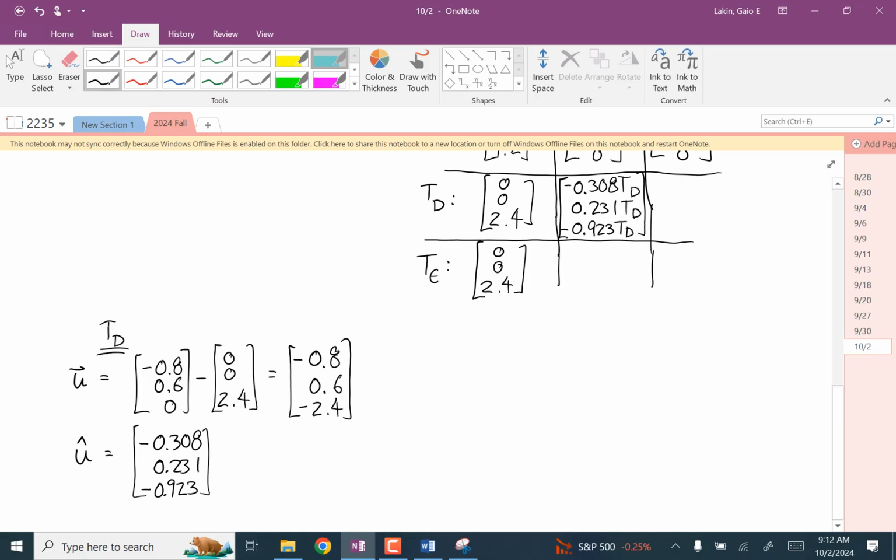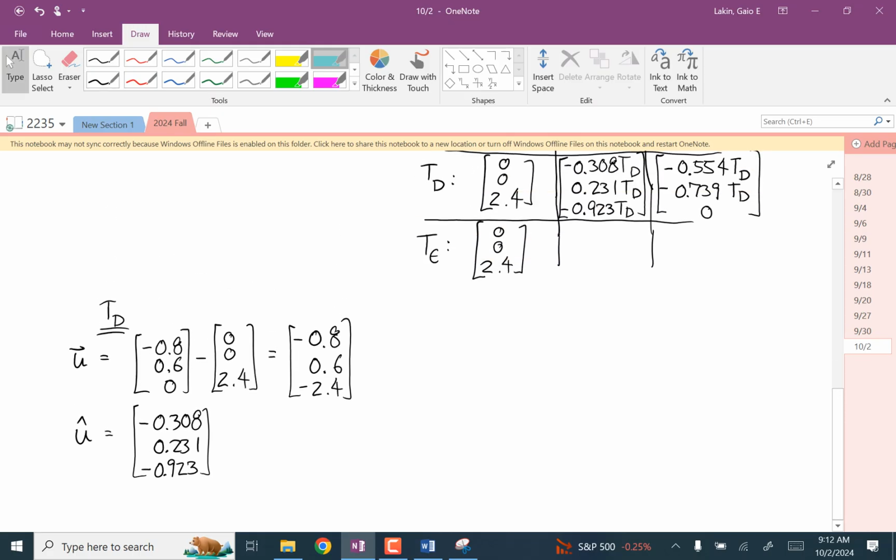And for that one, I got negative 0.554 TD, negative 0.739 TD, 0.